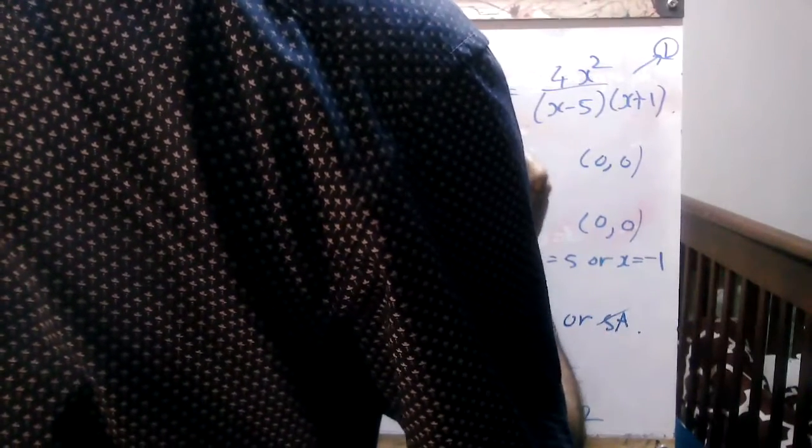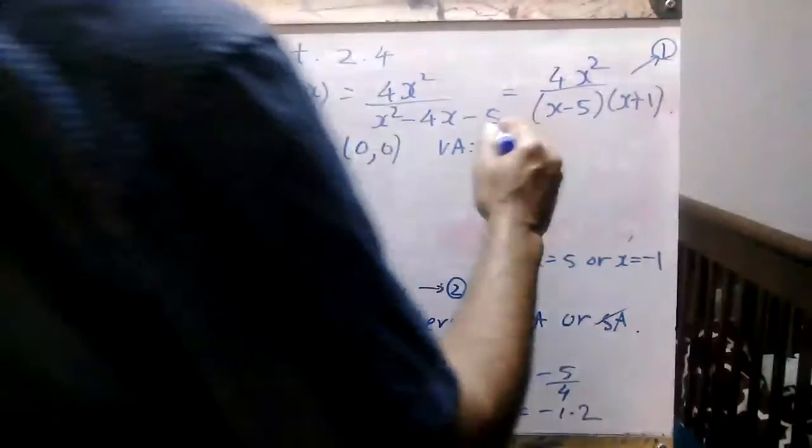Vertical asymptote x equals 5 or x equals negative 1.